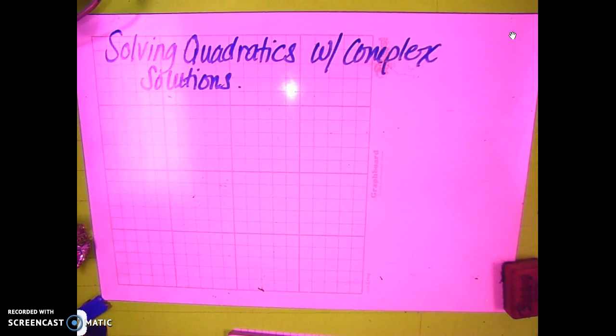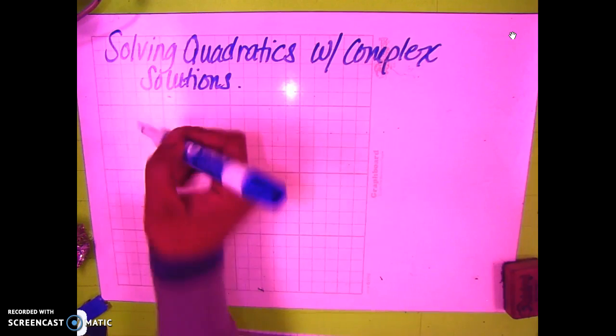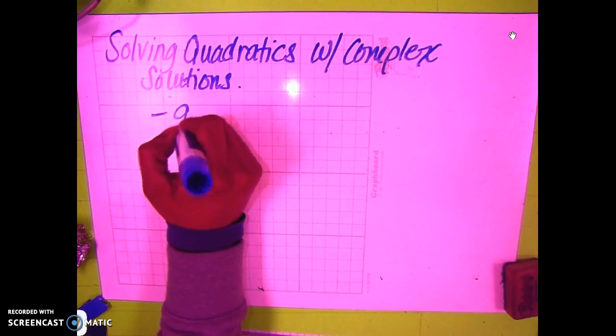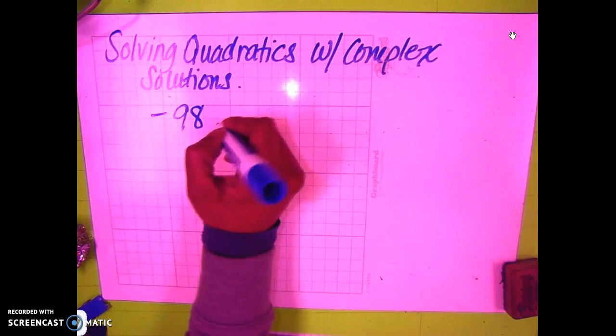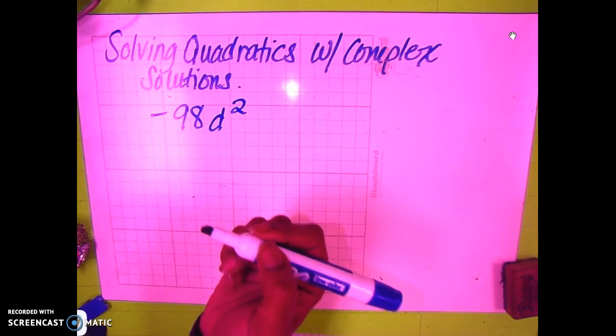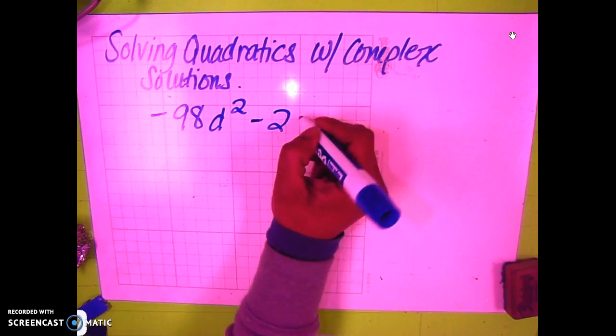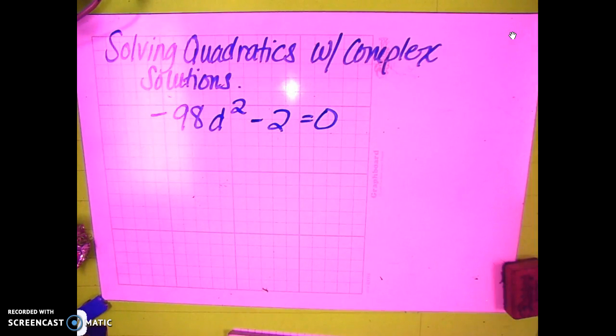The first example I have is -98d squared minus 2 equals 0. The same thing works when you're solving quadratics by using square roots. You want to isolate the variable.